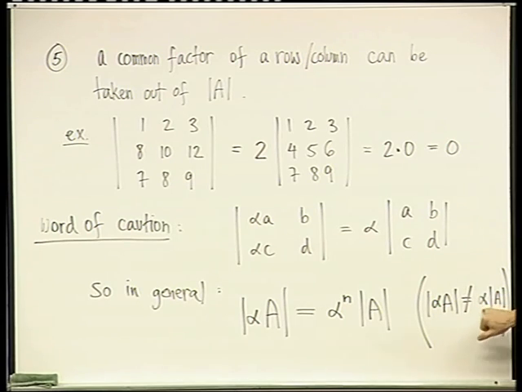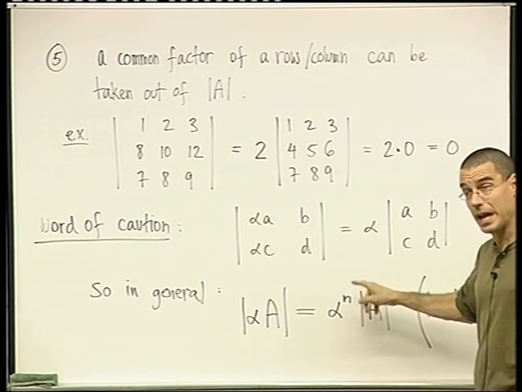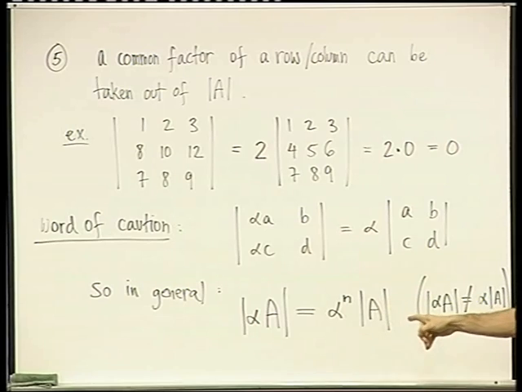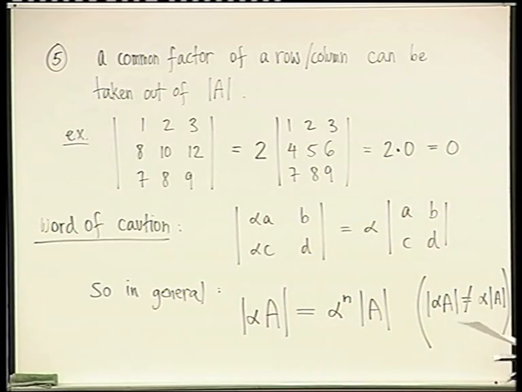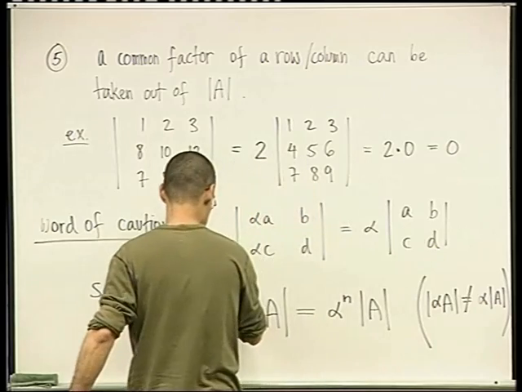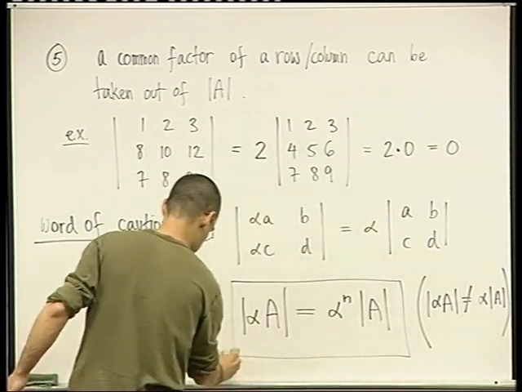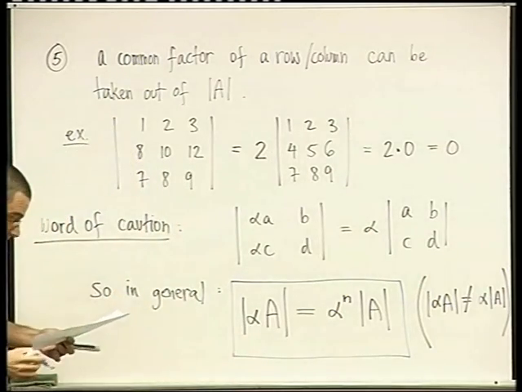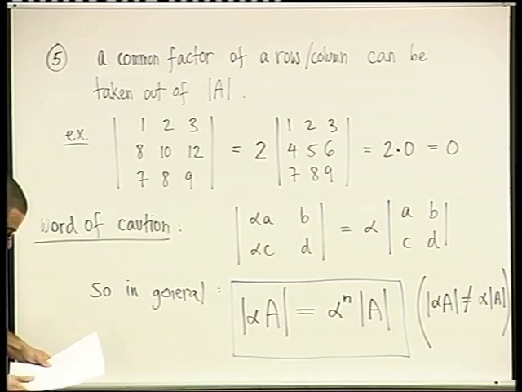So scalars do not just hop out of determinants, they hop out with the power n if they're on every entry, and they hop out once if they're only in one column. So this is the word of caution. This you can call a property, a property that follows from number 5. Good? Clear?